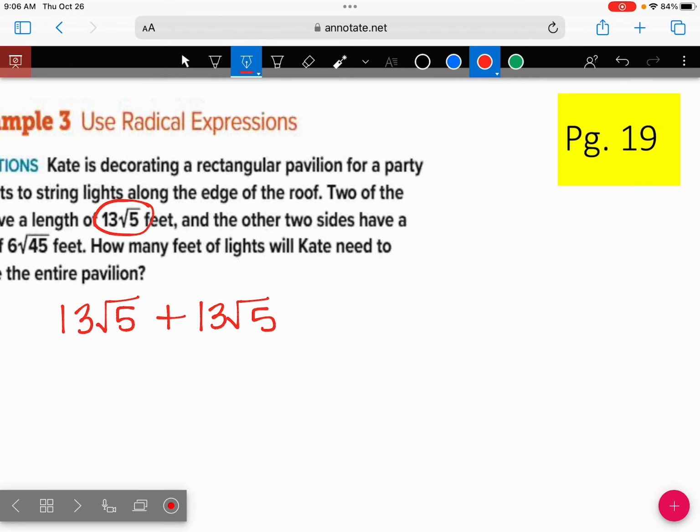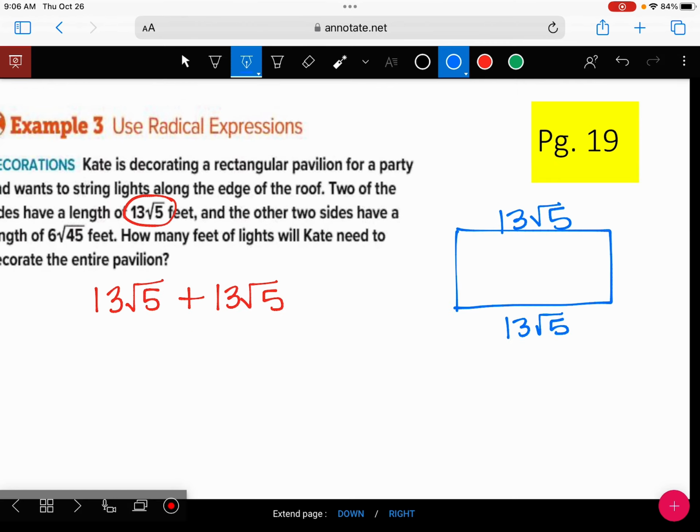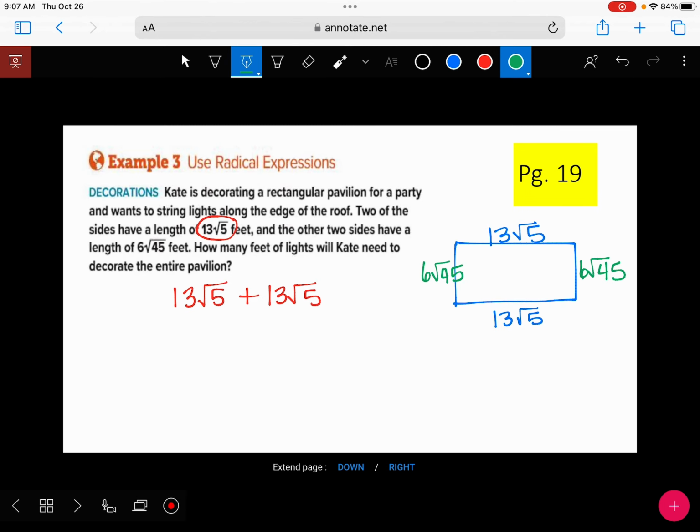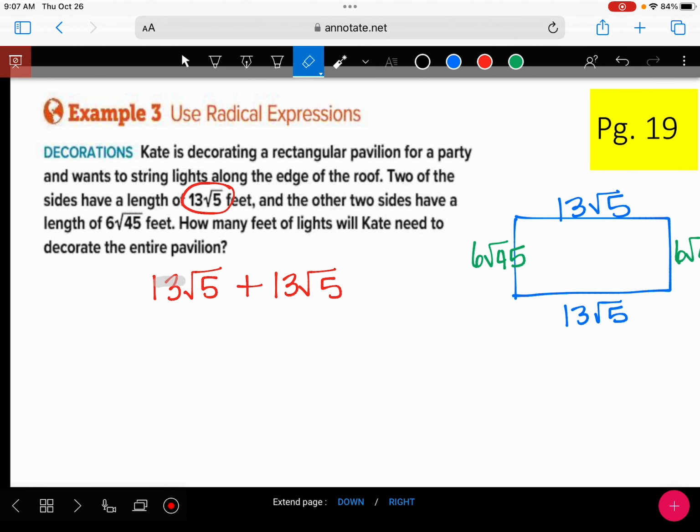So let me go ahead and draw a rectangle. I think that might be helpful. So we have 13√5 on 2 sides. And then on the other 2 sides, we have 6√45. What this question is actually asking us to do is find the perimeter, which means that I'm adding all 4 sides together.